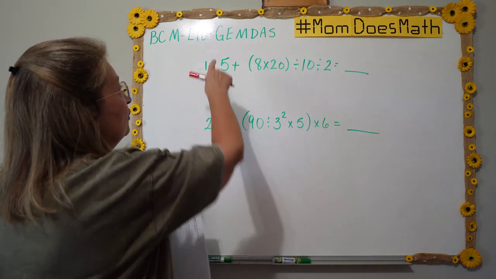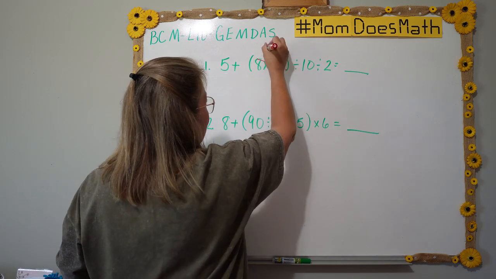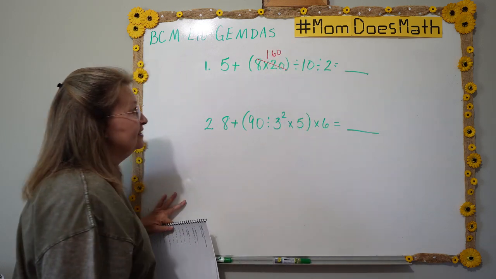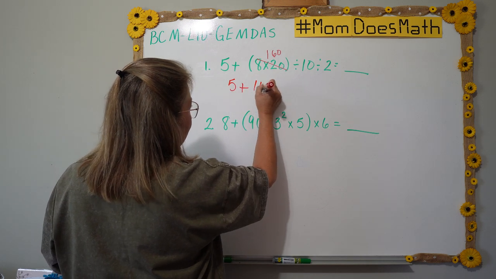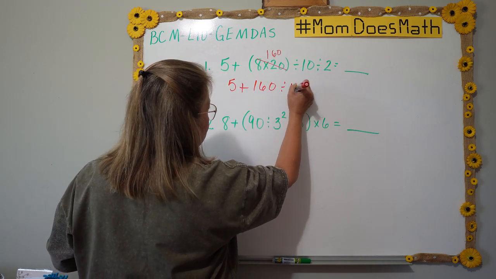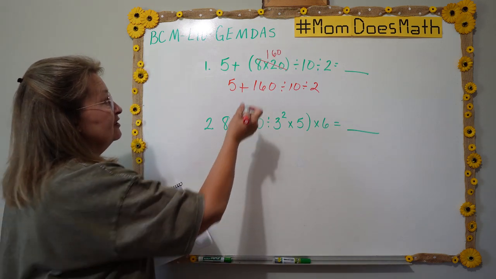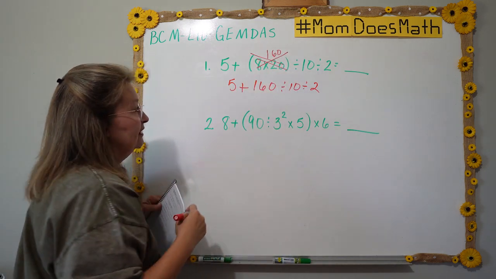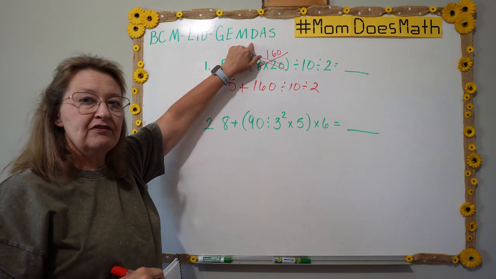Okay. So I'm going to go to my grouping symbols first, and 8 times 20 is 160. Now I'm going to back up, and I don't usually rewrite it at this point, but I want you to be able to see it. Now that was the first step, that was G. There are no exponents, so now I'm at multiplication division.